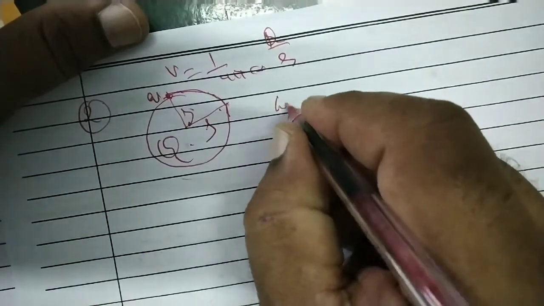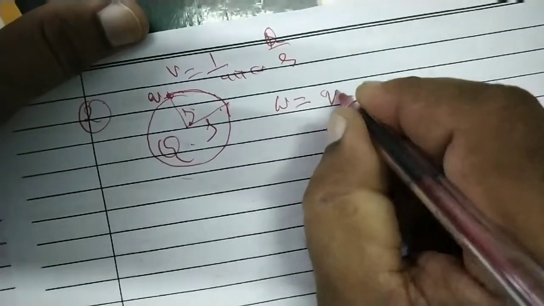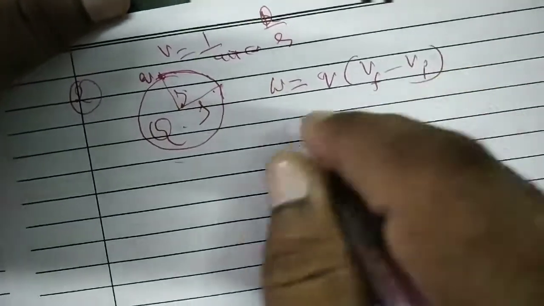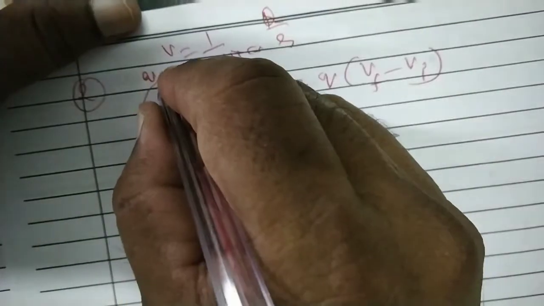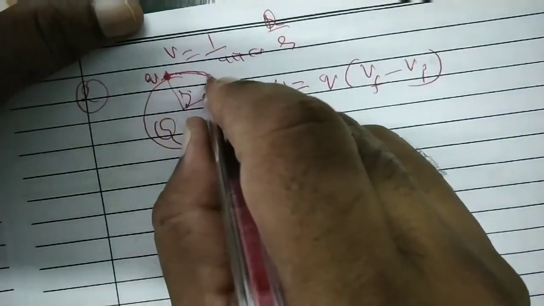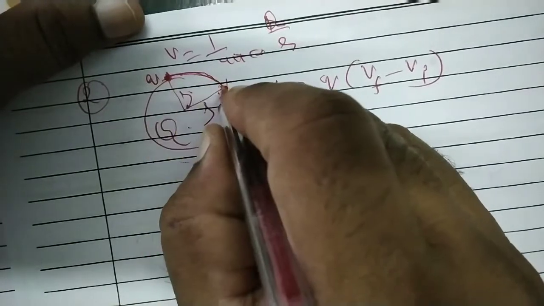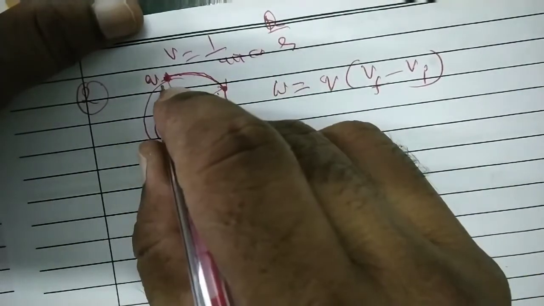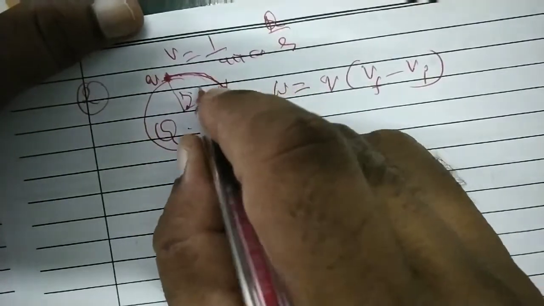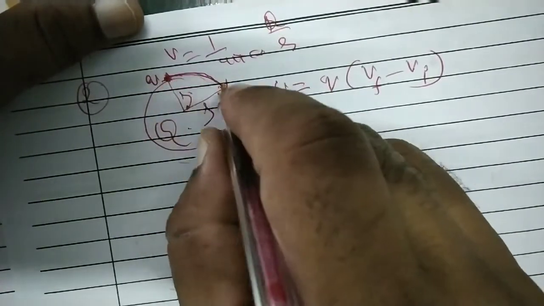Because of the formula: work done is equal to the charge being displaced into the final point potential minus the initial point potential. Let this point be the initial point and this the final point. I am displacing charge q from the initial point to the final point, but both points are located on the same EPS.